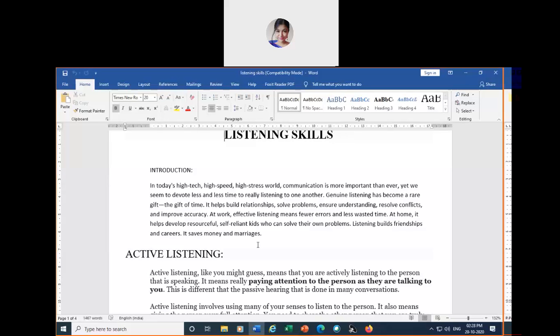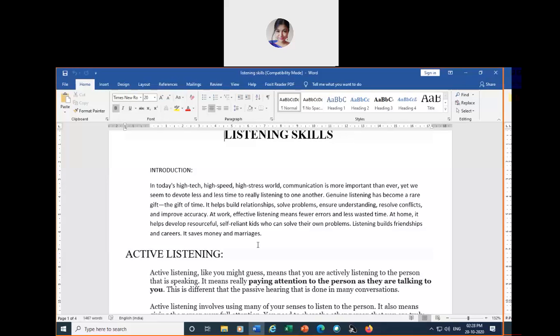It helps to build relationships, it helps to solve problems, it can ensure understanding, it can resolve conflicts, it can improve accuracy, it can help you save time, it can help you get all the necessary information, it can help you grow in your life, it can help you develop your skills, and it helps in a lot of other ways.